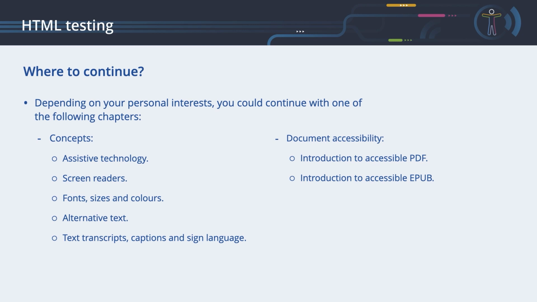If your website offers downloadable documents, you might want to make them accessible too. You can find more information about other file formats in one of the following chapters. Introduction to Accessible PDF. Introduction to Accessible EPUB.